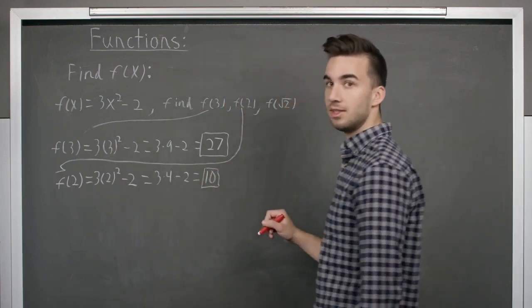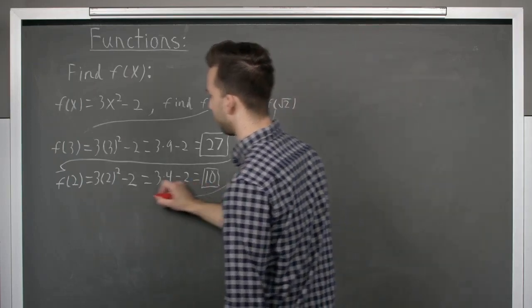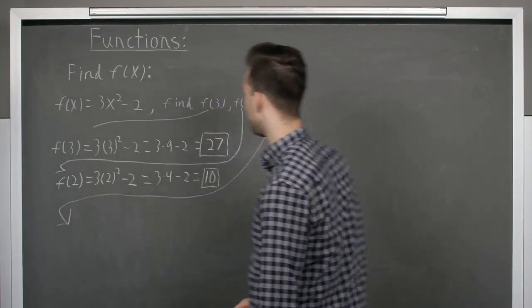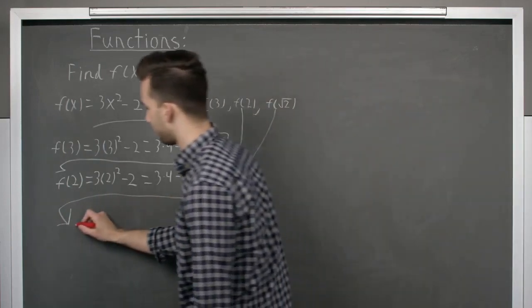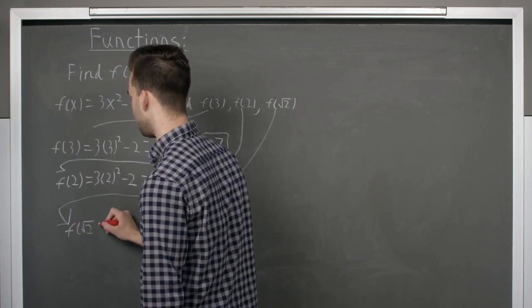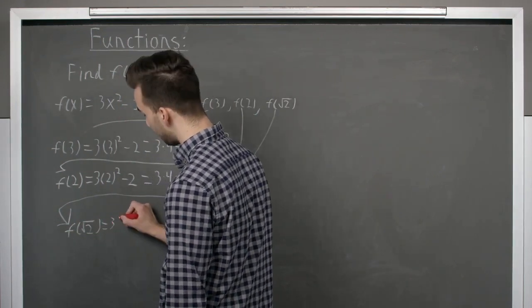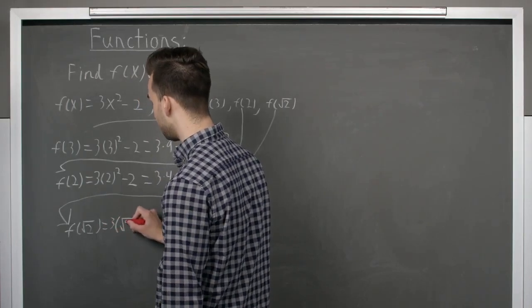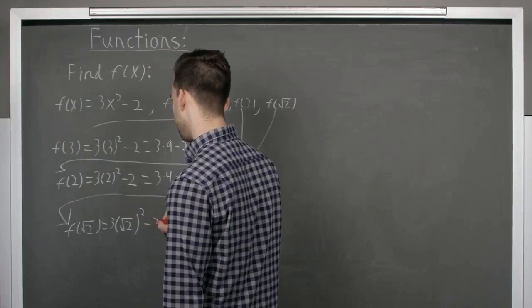Now let's do x is equal to the square root of 2. Down here, we have f of the square root of 2. X equal to the square root of 2 equals 3 times the square root of 2 squared minus 2.